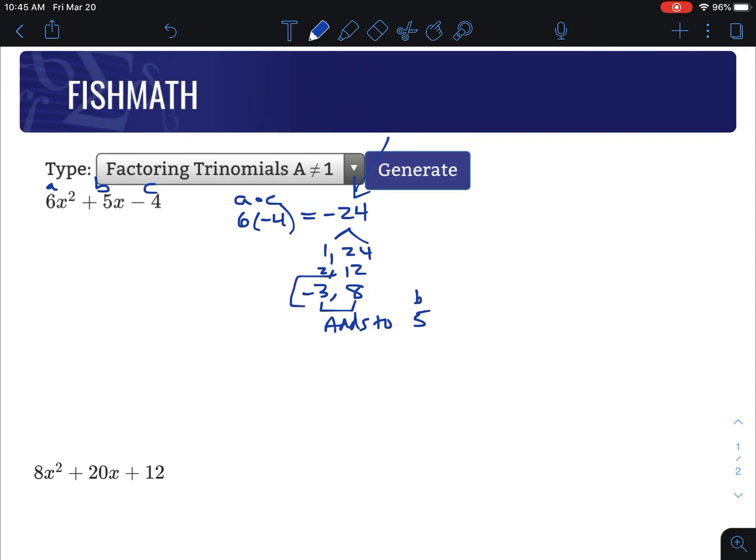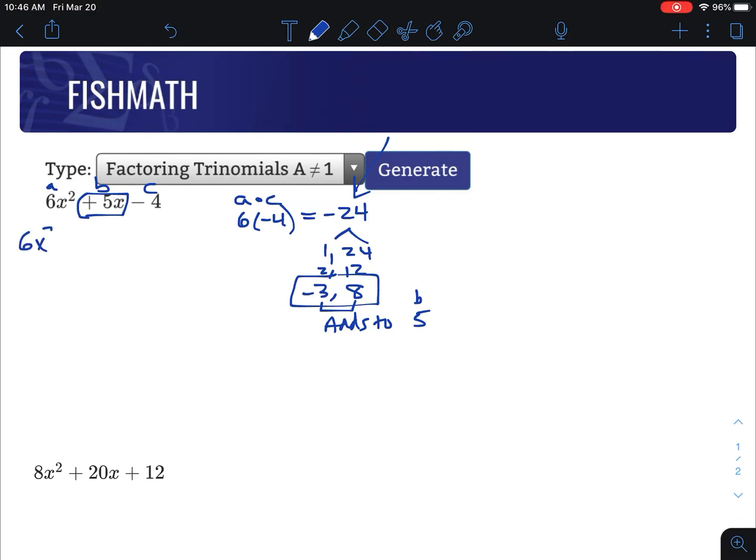Okay, so we're going to use those two. And we're going to use those two numbers as the way we split up the value of b, which is kind of weird here. We're not going to look at those as like x minus 3 and x plus 8 that we did for when a is 1. It's not going to work out like that. But it is going to be helpful to us to actually factor this. And here's how it works. We're going to take the 5x and we're actually going to split it up into two pieces.